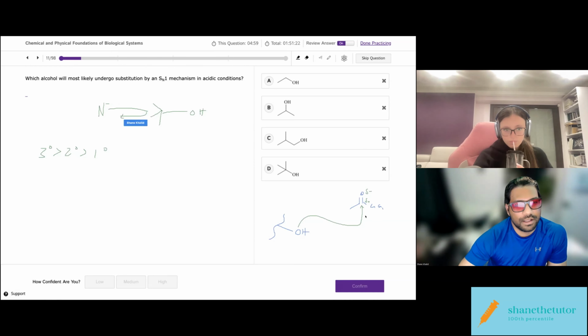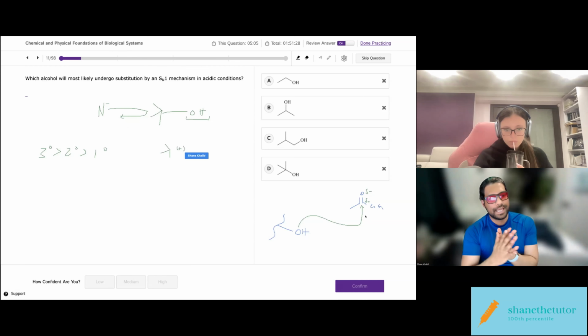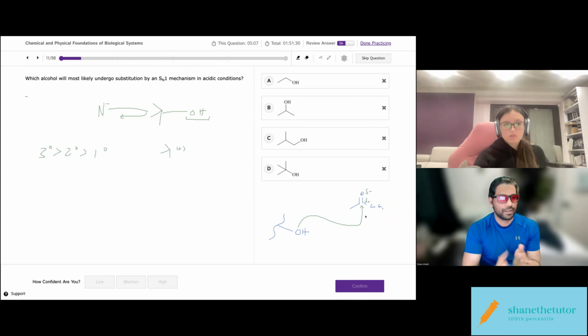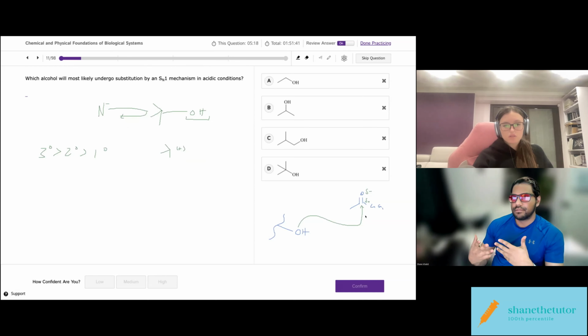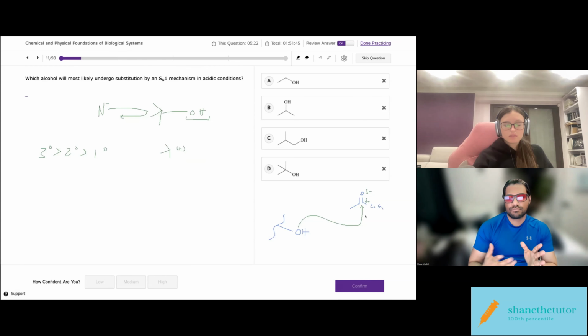So it waits until this leaving group leaves, and then you have a tertiary carbocation, which can spread that charge across a larger area compared to if it was secondary or primary. So both of those reasons make it so that an SN1 reaction would happen with, I don't want to give it away, but something.